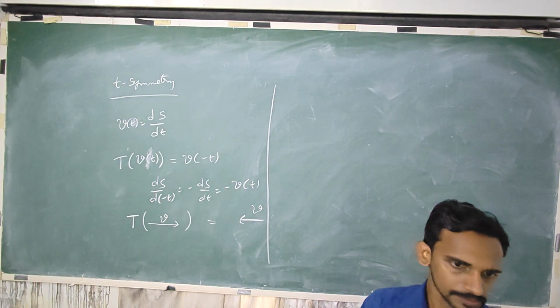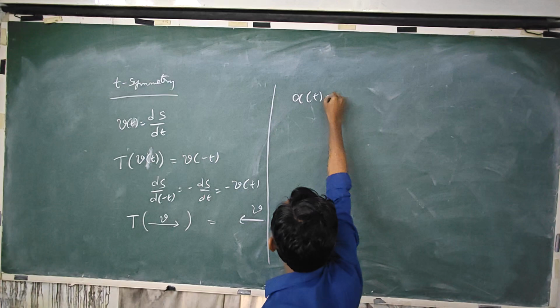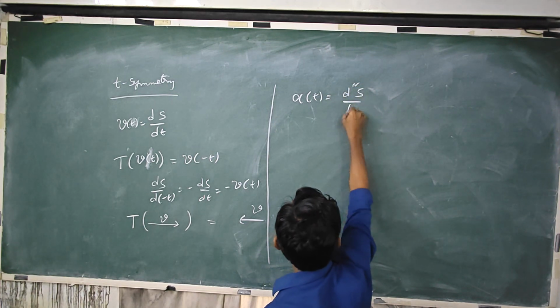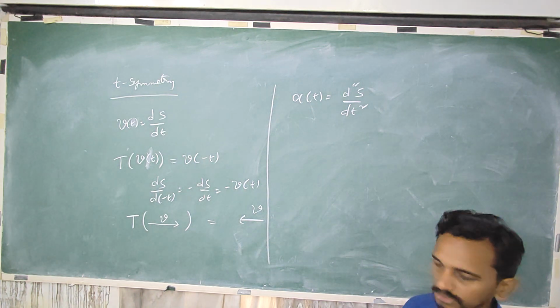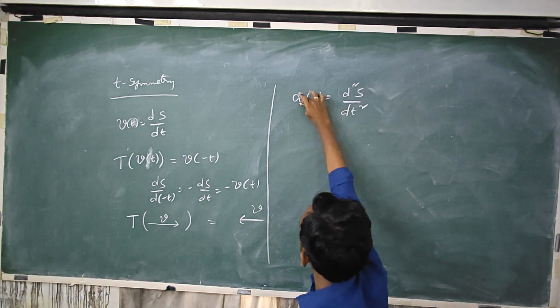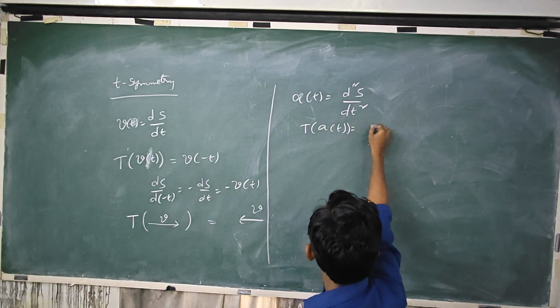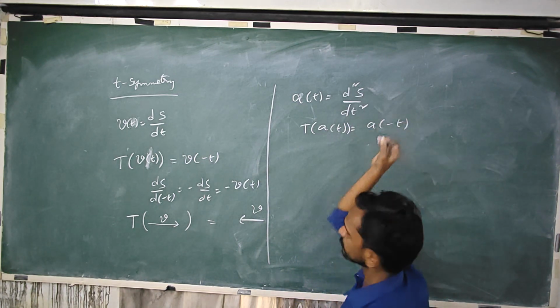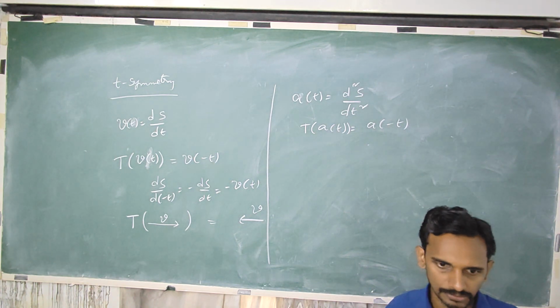What about acceleration? Acceleration is also a function of time. This is d square s by dt square. So if you apply the time reversal operation on acceleration, wherever you find t, you have to put a negative sign before that.